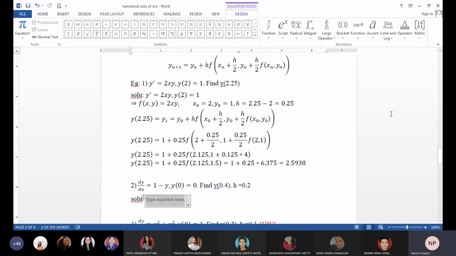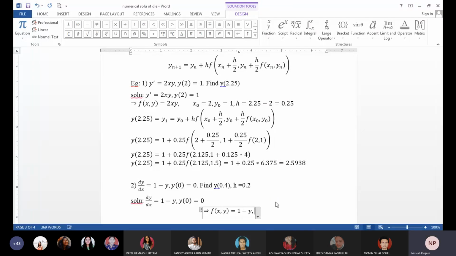So first we write dy by dx equals 1 minus y, y of 0 equals 0. So what will be f of x comma y? One minus y.